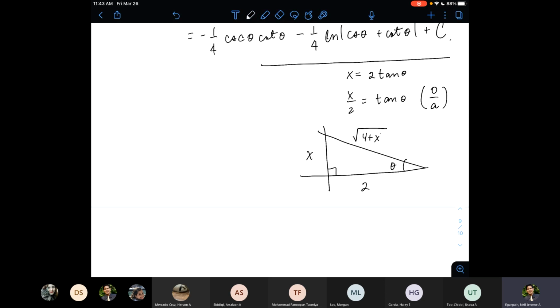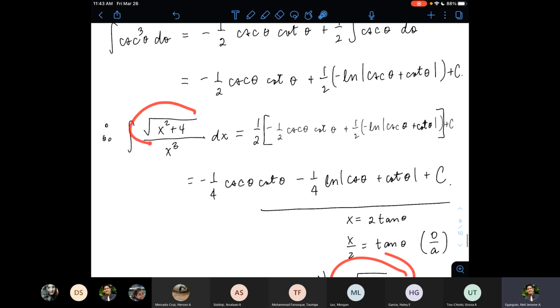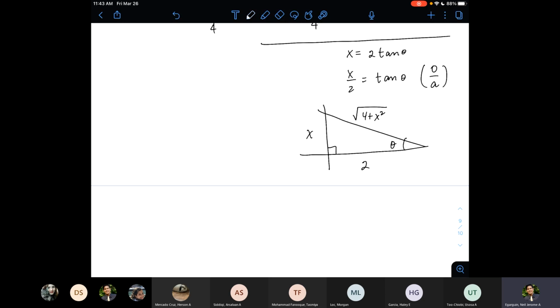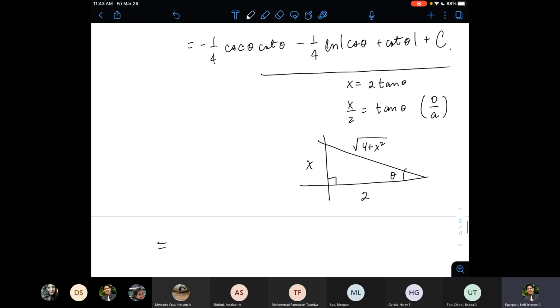It's going to be the square root of 4 plus x squared, which is basically the original radicand from the problem. So look, things are looking nice here because one of the legs is equal to the original radical. That's a good indication that you did the substitution correctly. So we'll revert to the original variable.